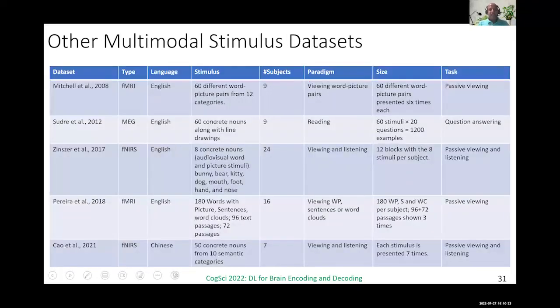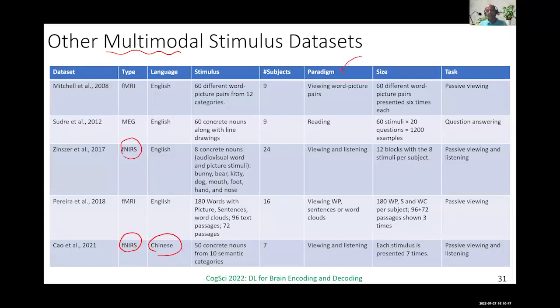Lastly, let me talk about other multimodal stimulus data sets besides the video ones. Again, most of them are fMRI, but there is good variety here, including functional NIRS data sets, English ones, and one Chinese one as well. Depending on the modes in the multimodal setup, the paradigms vary.